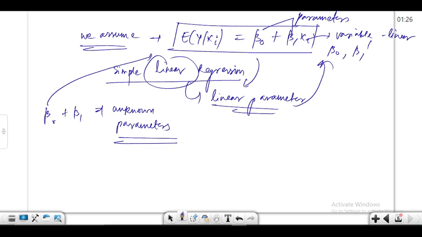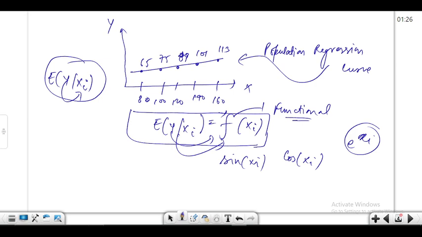So in the case of the population regression function, if I have this data available with me, I can easily calculate beta naught and beta 1 by plotting this graph. From this I can easily get the values of beta naught and beta 1.